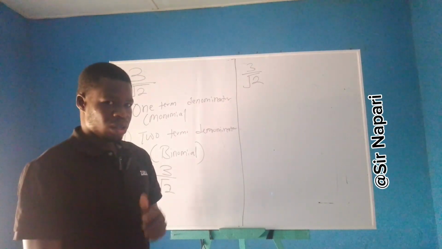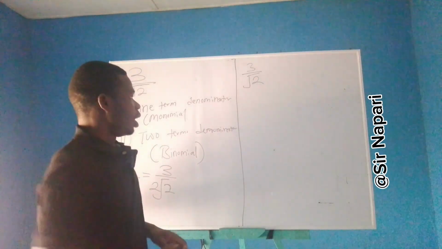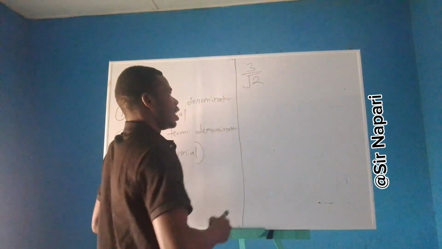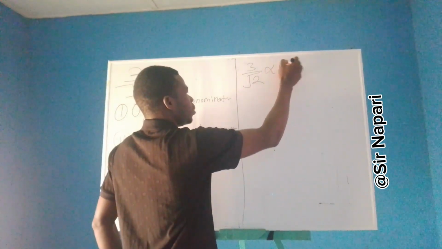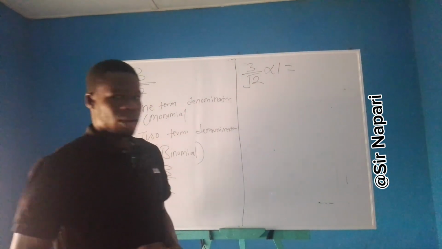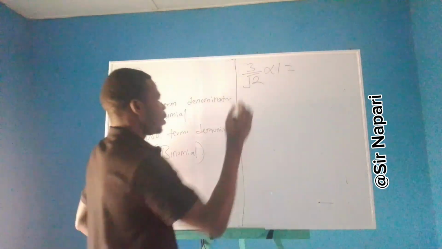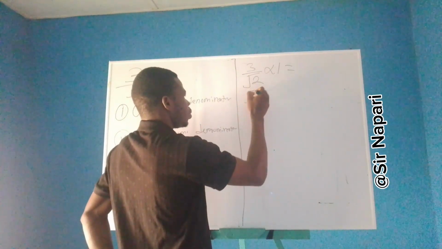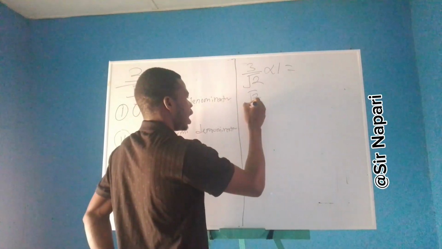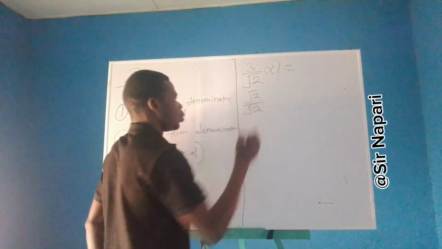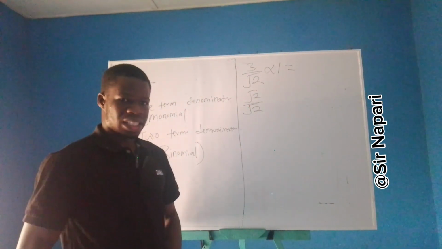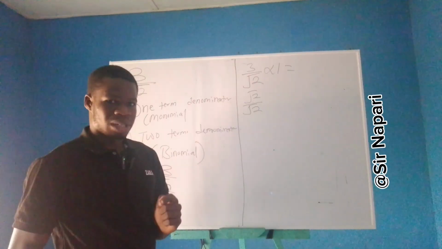Guess? 1. That is correct. If we multiply the entire fraction here by 1, we will still have the same 3 divided by root of 2. Now, if we have something like this, root 2 divided by root of 2, what will be your answer? 1, right?